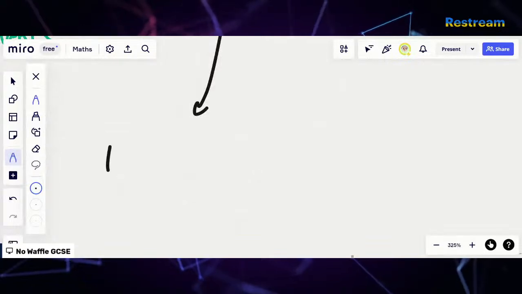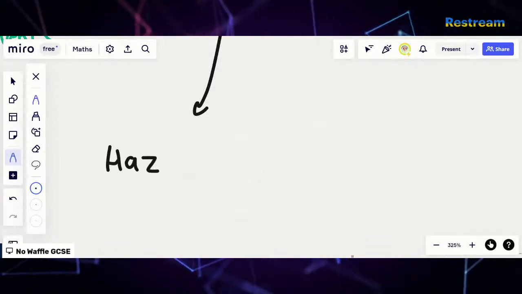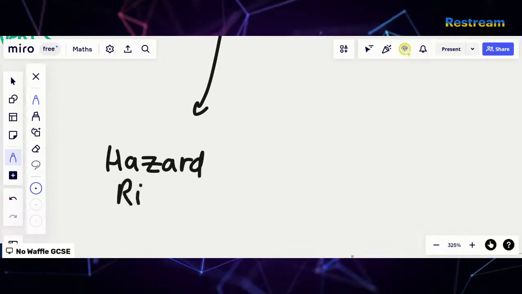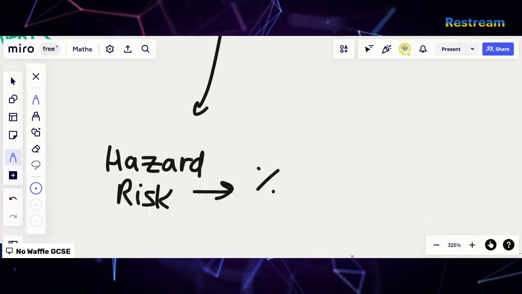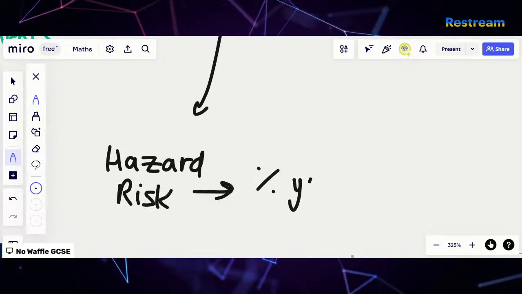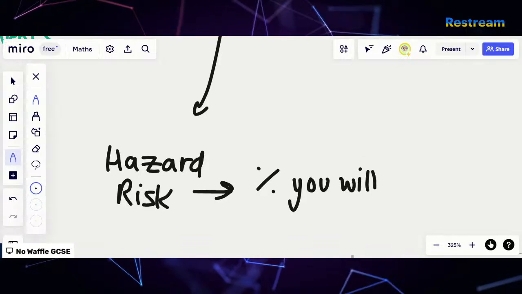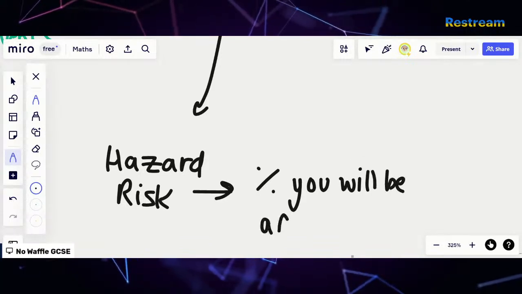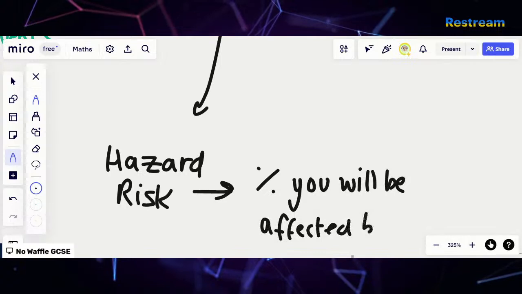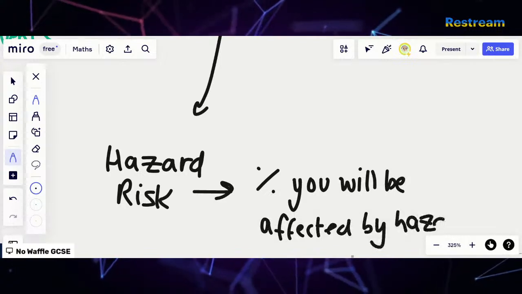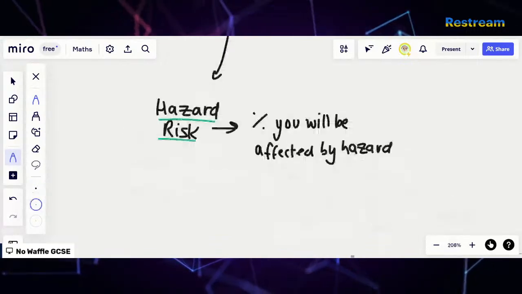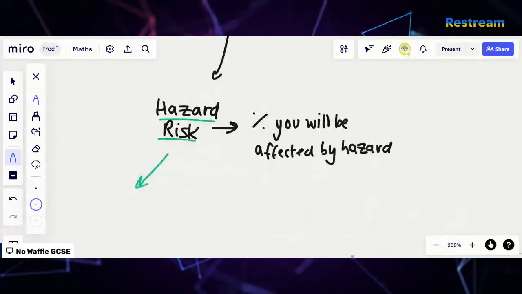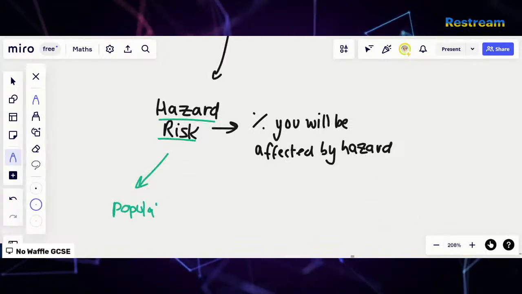So hazard risk is the chance, let's represent that by percentage, the chance that you will be affected by a hazard. Now, things that increase the hazard risk include things such as the population. The more people there are, the greater the hazard risk.